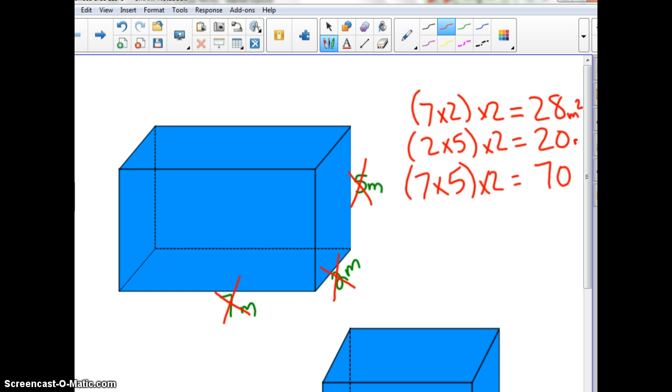Meters squared, meters squared, meters squared. Add them all up. 118 meters squared. There's the surface area. What? Kaylin's smiling. Easy? Okay.